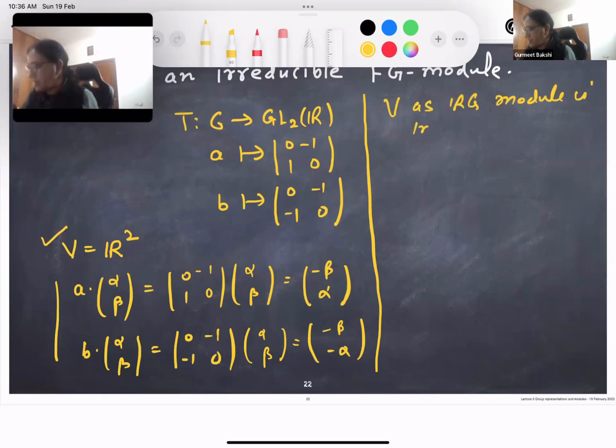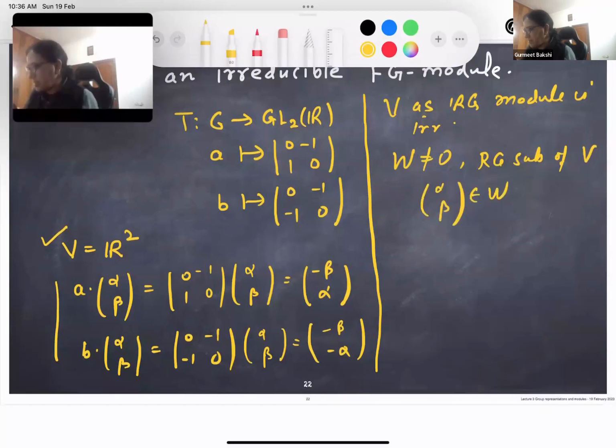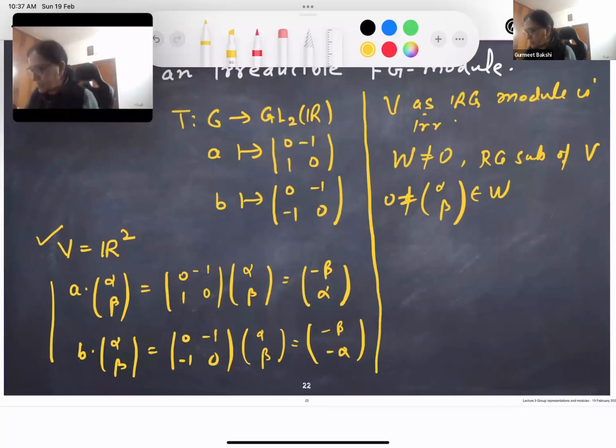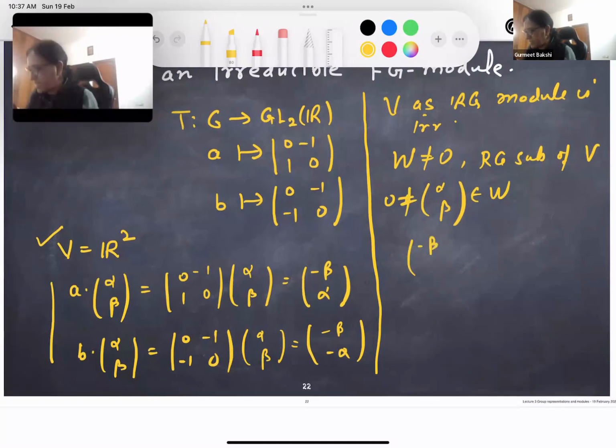Why? Suppose W not equal to 0 is an RG submodule of V. Then you take a non-zero element (alpha, beta) in W. Now, if this is in W, then A dot (alpha, beta) is in W. So these two elements are in W.